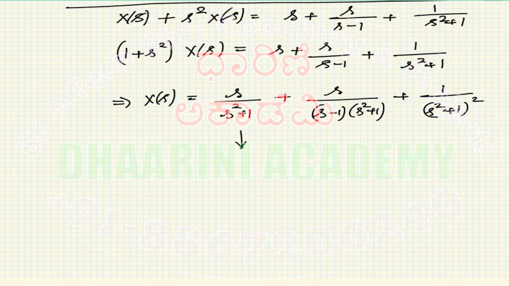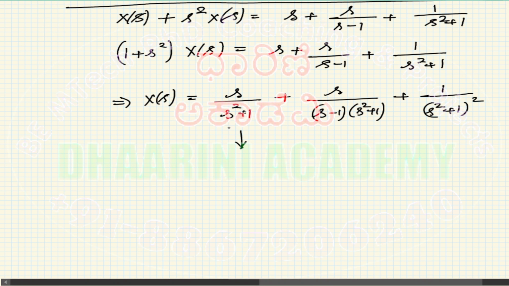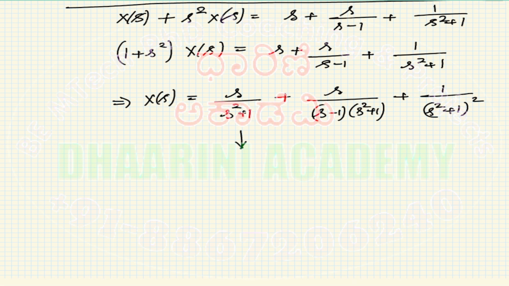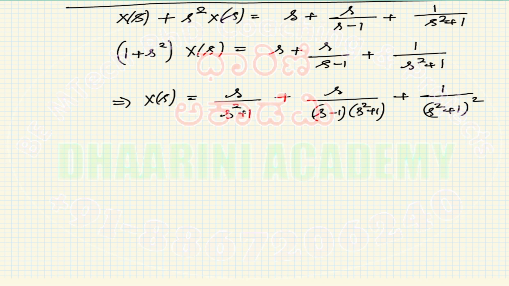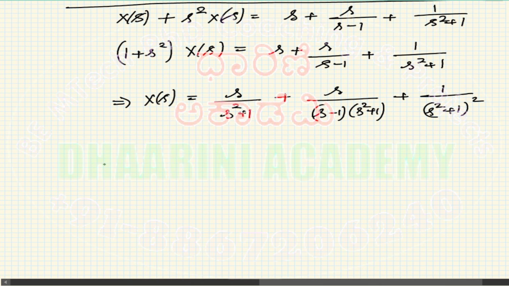Since a different type of calculation is required for each term here, this kind of problem falls under a different category. It's not a straightforward thing. Inverse Laplace needs some calculation here. So let's look at it term by term.